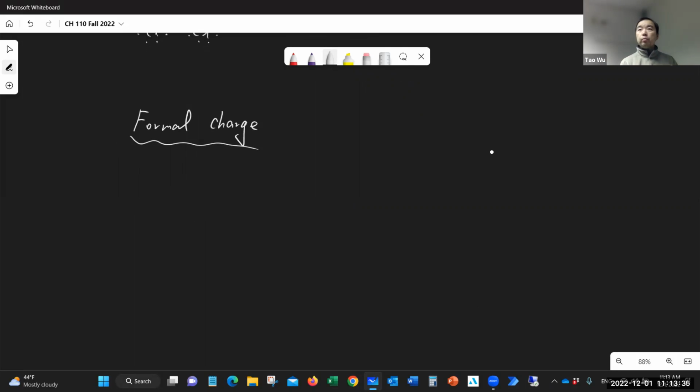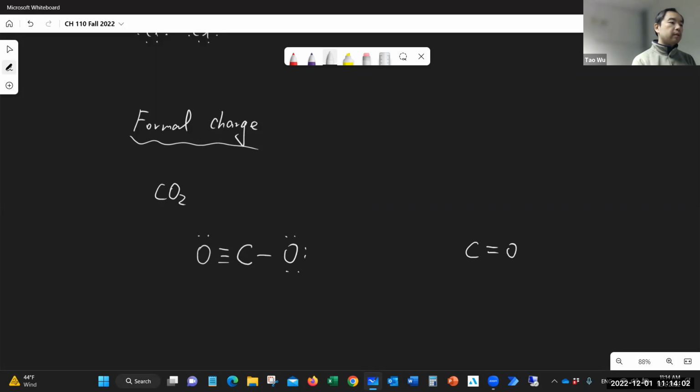Before we talk about formal charge, we need to raise a question: why do we need this concept? First, I'm going to give you a question, the Lewis structure for CO2. If you draw the CO2, you can draw something like this. You can also draw something like that.